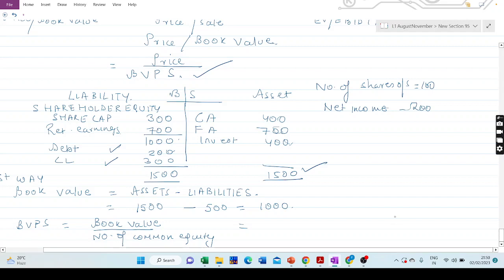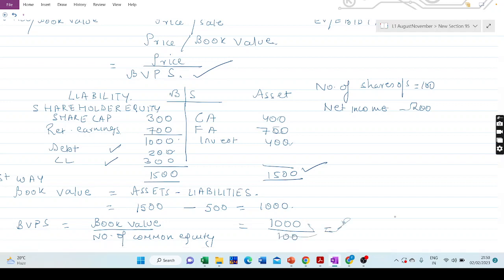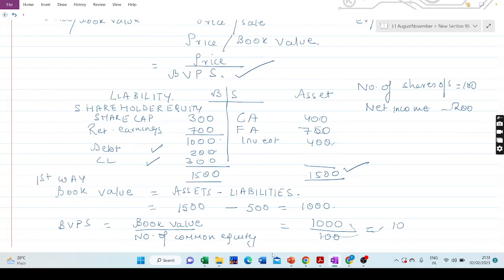Yes, so your book value per share is 1000 divided by 100, which is 10. So this is how the calculation works. This is the first way.